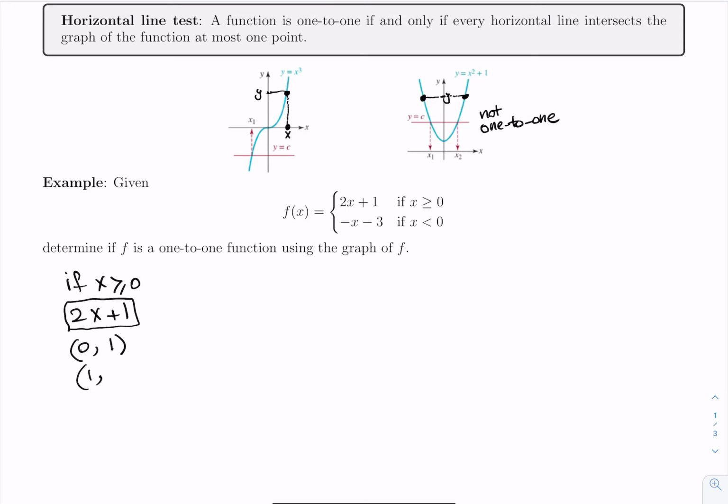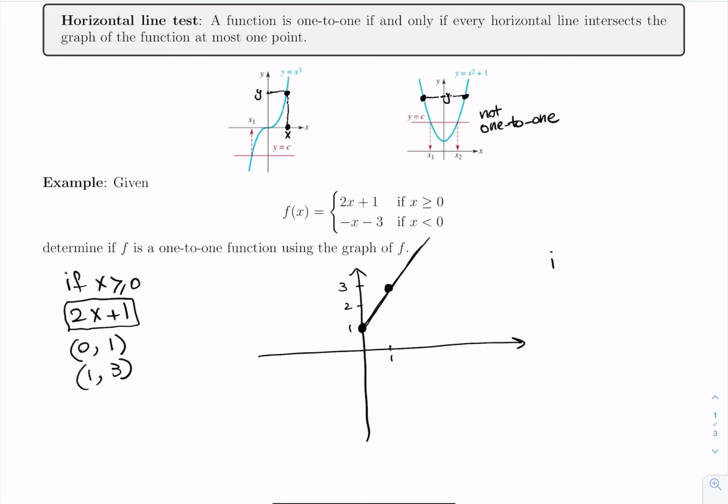How about 1? 2 times 1 plus 1 is 3. So I will use these 2 points, 0 and 1, 1 and 3, and I get the line 2x plus 1 for x values greater than or equal to 0.